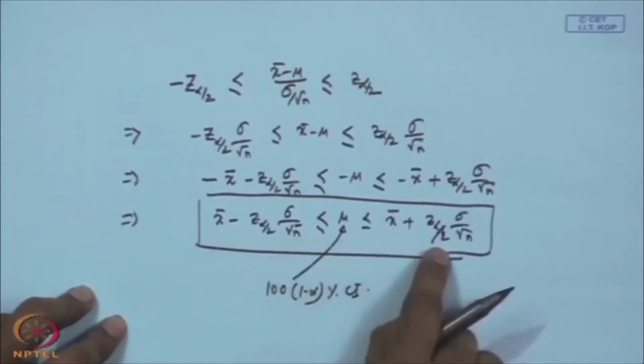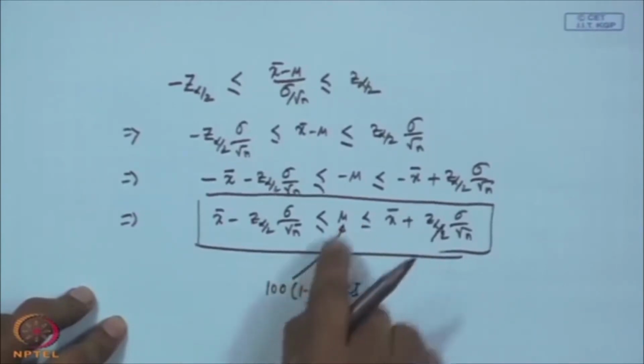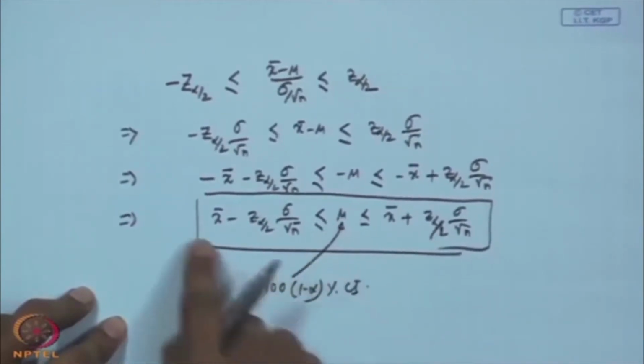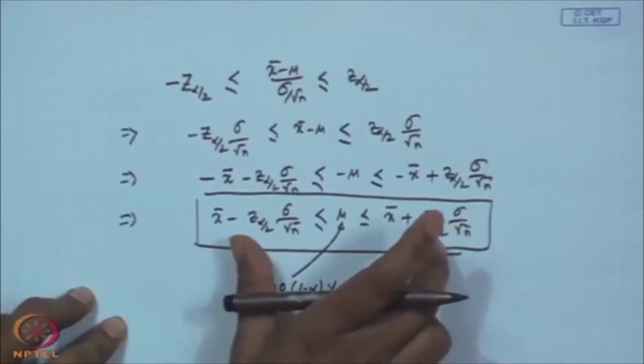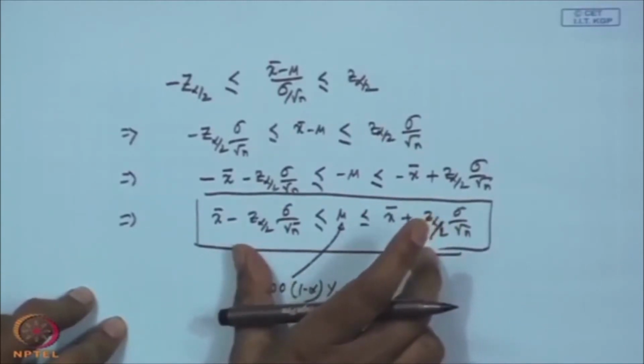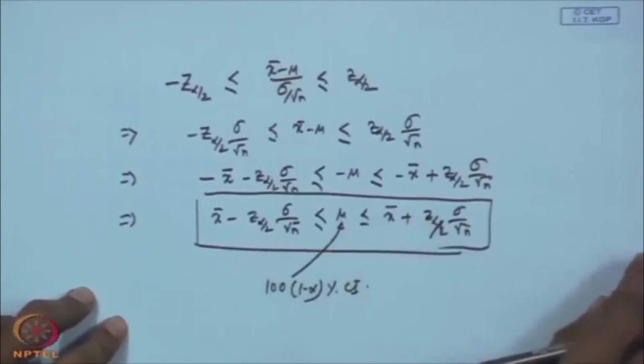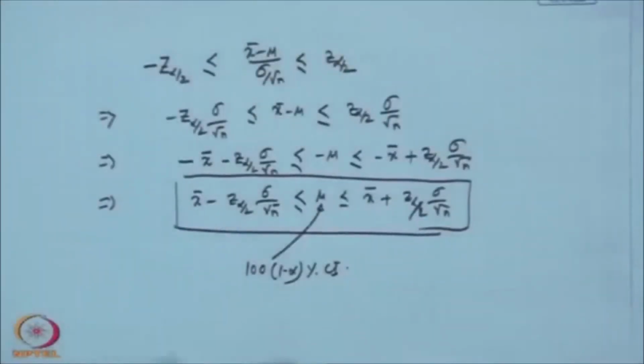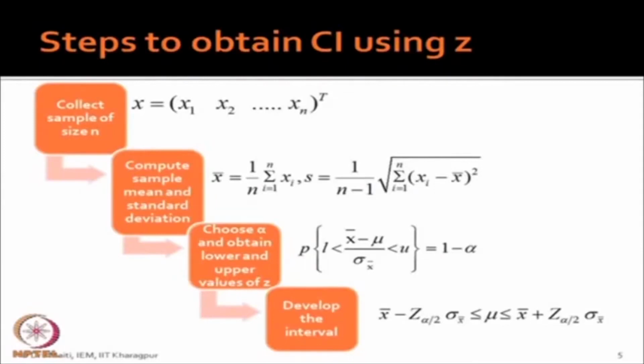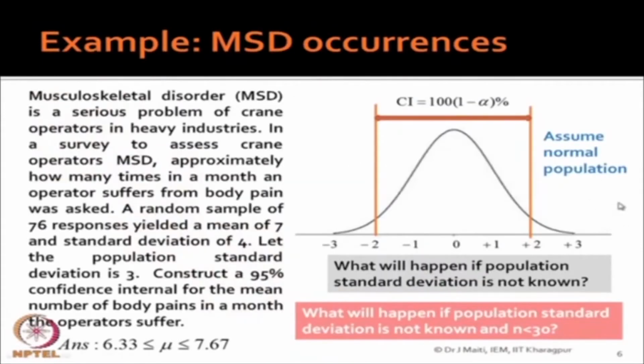If you know this, then how do I know whether this mu is contained within this interval or not? Because it is basically the z value. I think let us go for a problem first, suppose this is our problem.